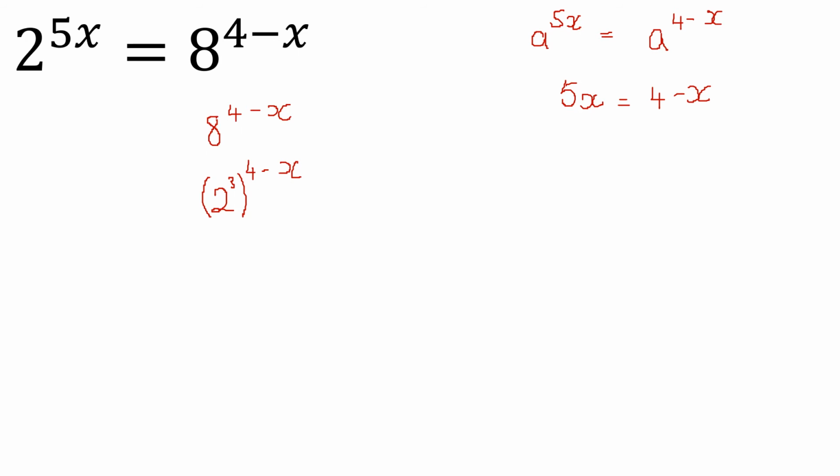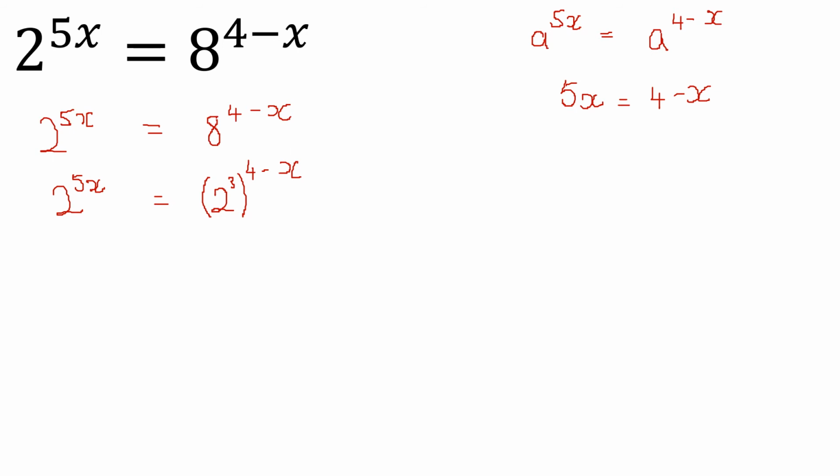So 8 can be rewritten with a base of 2. If we're going with a base of 2, that means that the 2 to the power of 5x just stays the same. So we've got 2 to the power of 5x is equal to. Here we've got our base almost the same. However, on the right hand side of the brackets we've got cubed multiplied by 4 minus x.